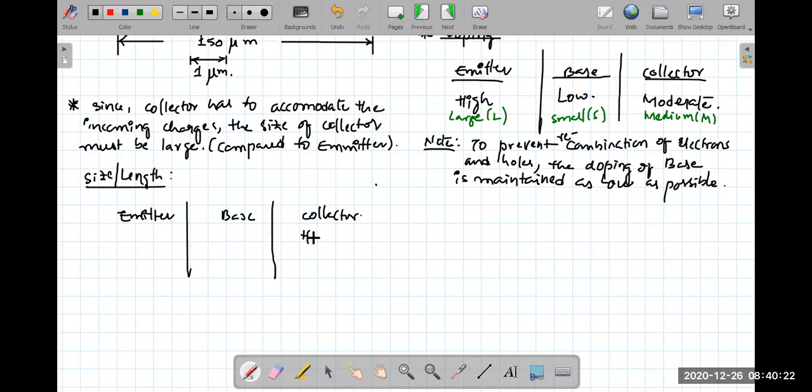In this case, the collector must be of large size. The emitter is of moderate size. Here also the size, or the length, of the base is small.